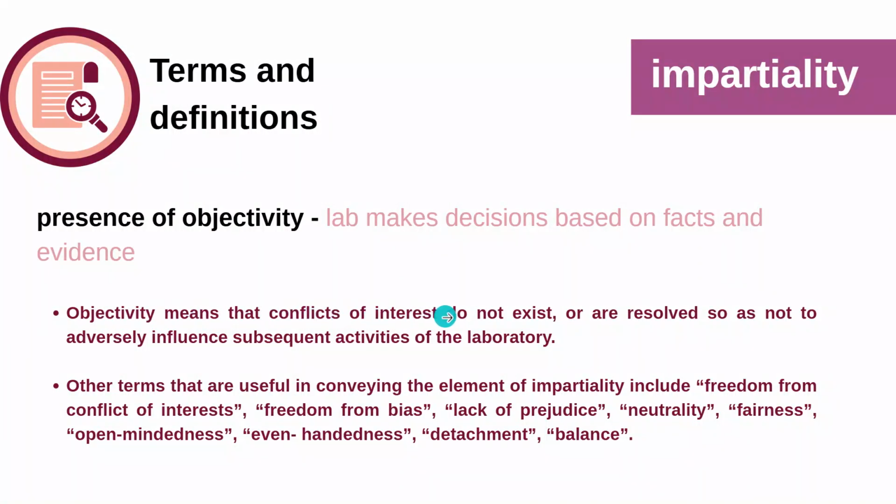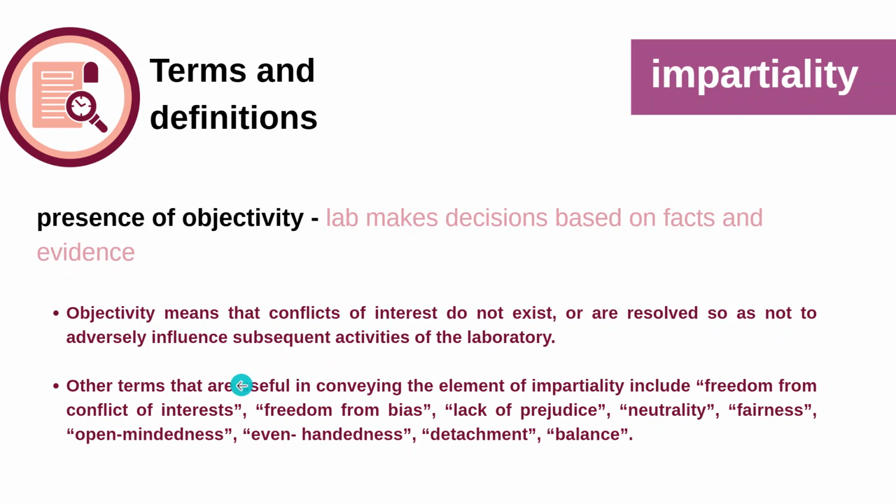Objectivity means that conflict of interest does not exist or is resolved so as not to adversely influence the subsequent activities of the laboratory. If someone feels that this SOP is to be changed, or that the sequential order of conducting the experiment or operating a particular equipment is not proper, then it should be resolved before starting the procedure itself.